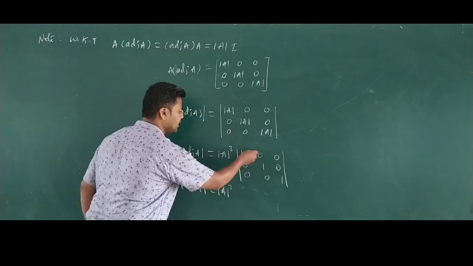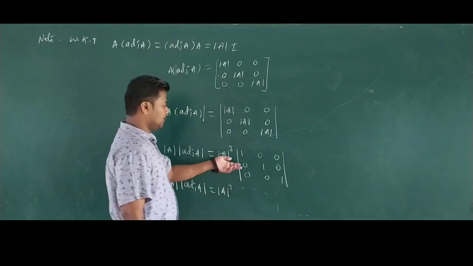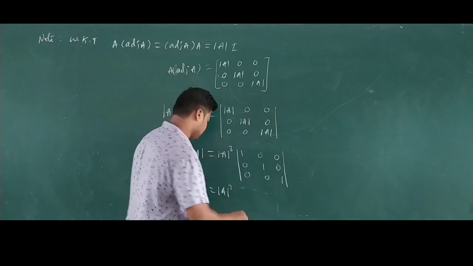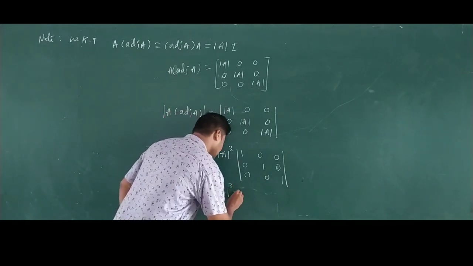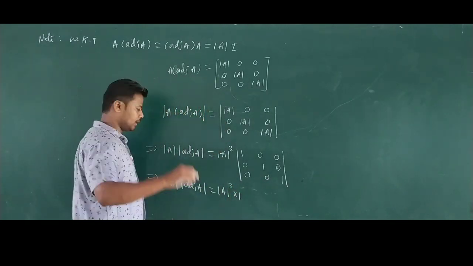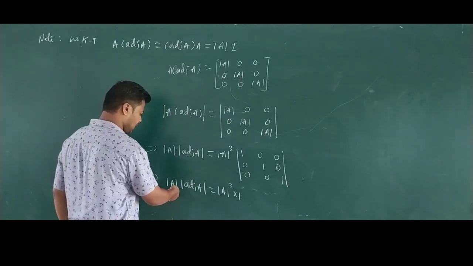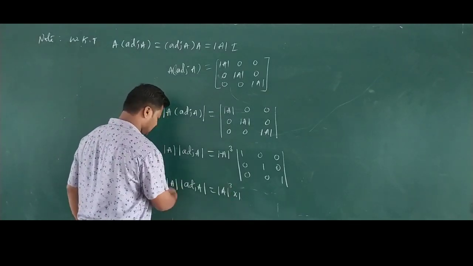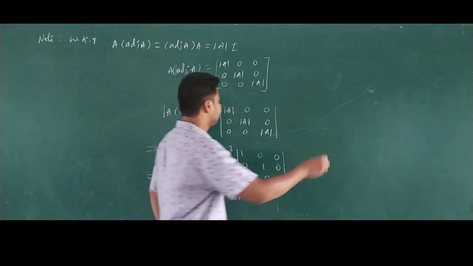The determinant of the identity matrix is 1. Now we have determinant of A on one side and determinant of A to the power 3 on the other; transfer it.